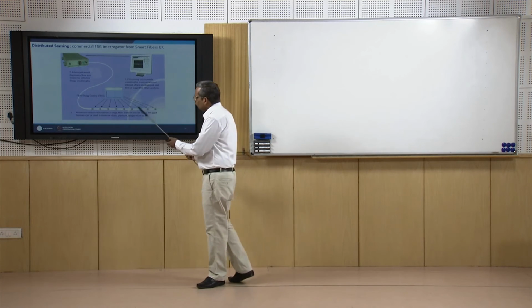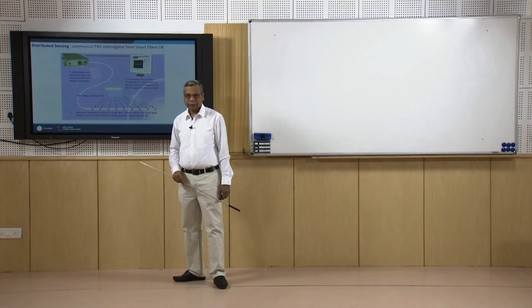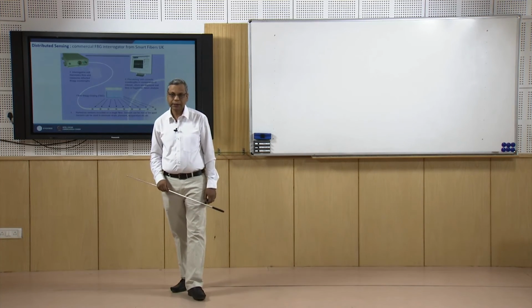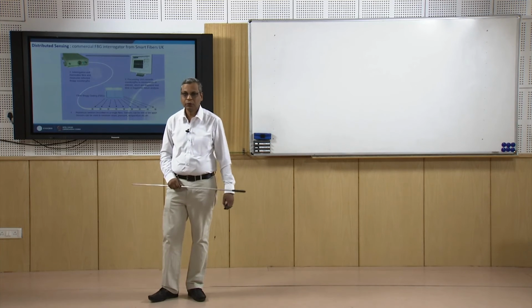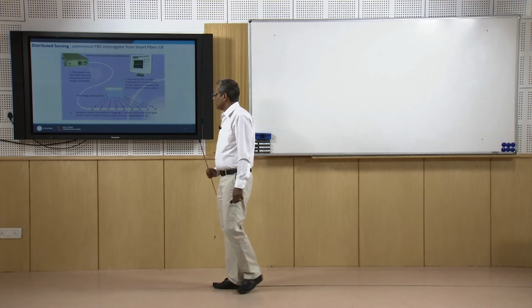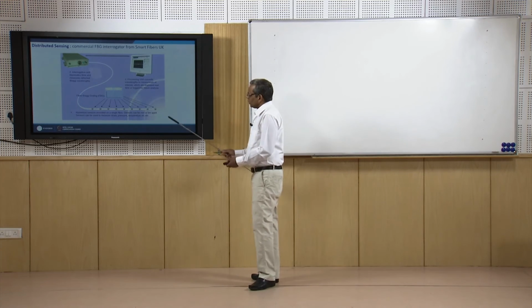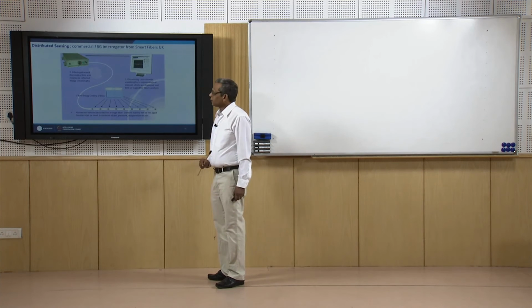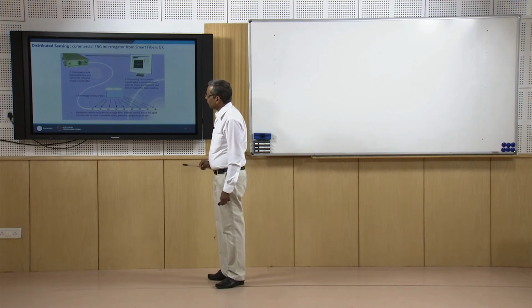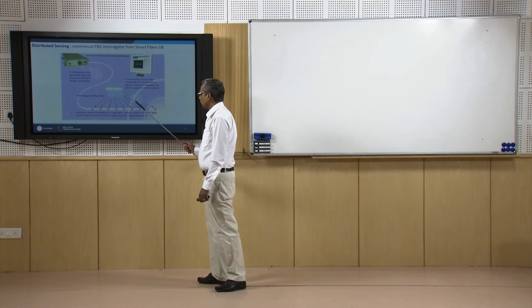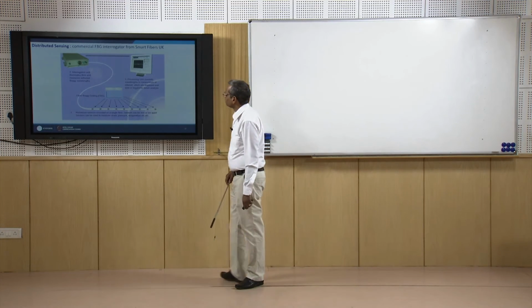Then you can do continuous monitoring of these Bragg wavelengths, and if I see that one particular wavelength is shifting, let us say lambda B3 is shifting, then you know that something is happening at point 3. So, in this way you can have distributed sensing, and these kind of sensors can be used to measure strain, pressure, temperature, etc.